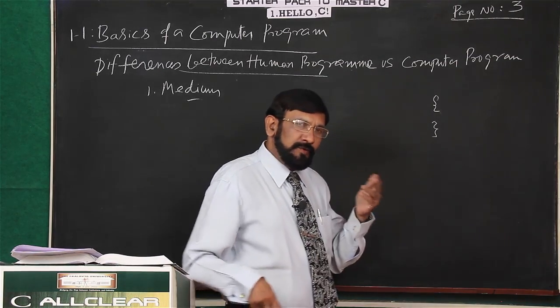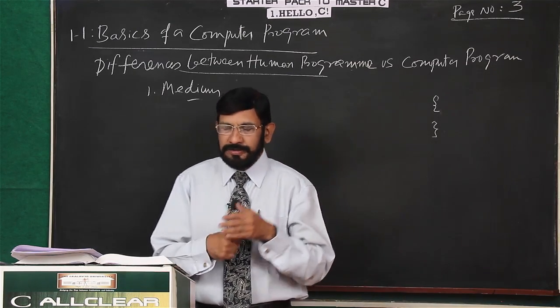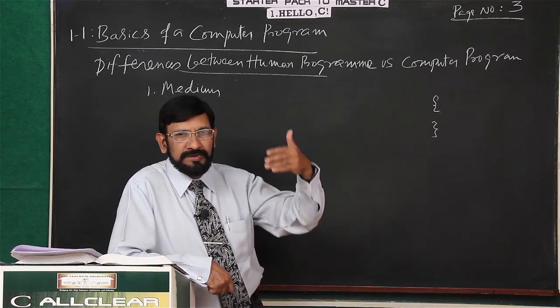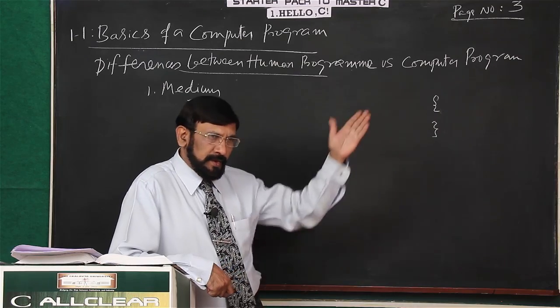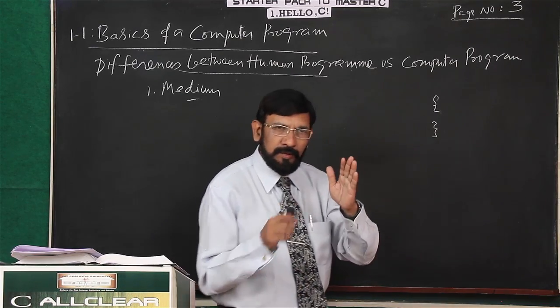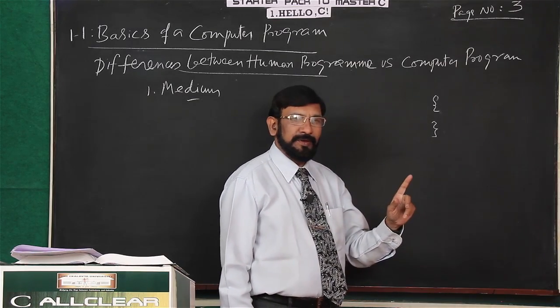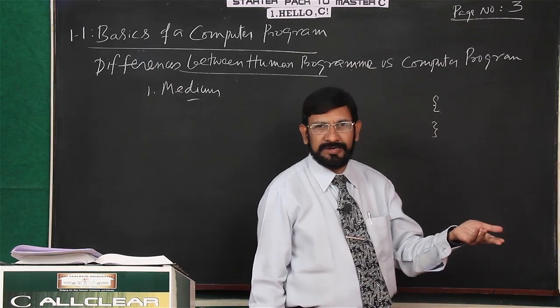So if we have to instruct a computer, what do you have to do? First, you have to list out all the steps, what type of human instructions you have to give to the computer. You should have an idea. If it is a big program, you have to write all of them. If it is a small program, you have to keep them in mind. And every instruction should be translated into a C language instruction.